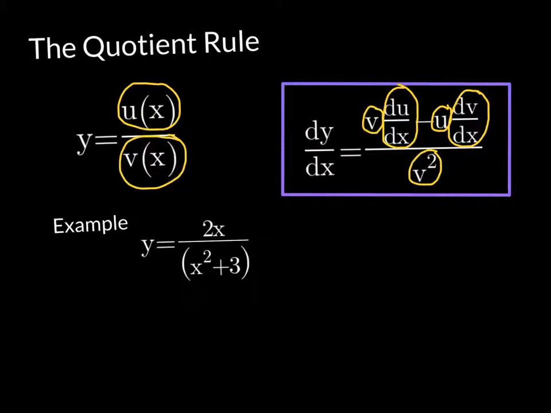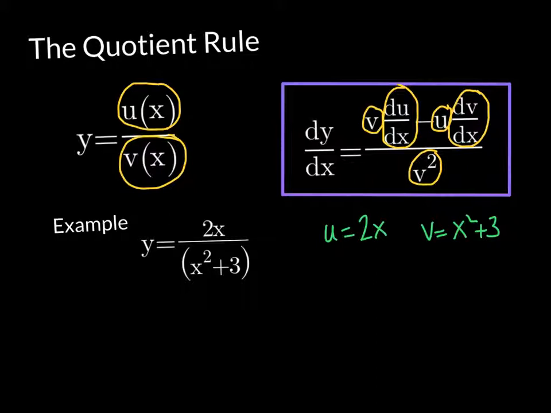Okay, so to see what I mean, let's take a look at another example. We have y is equal to 2x divided by x squared plus 3. So we can say that for this example, u is equal to 2x and v is equal to x squared plus 3.